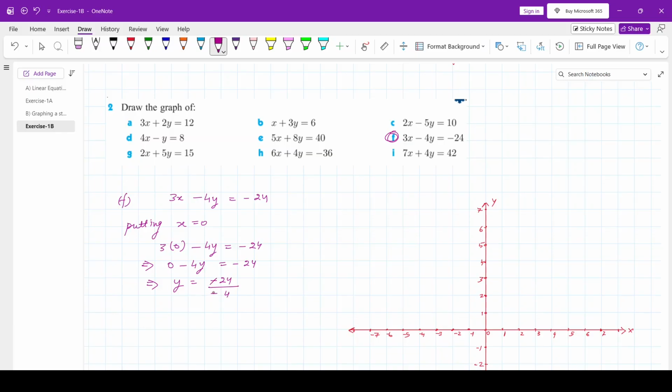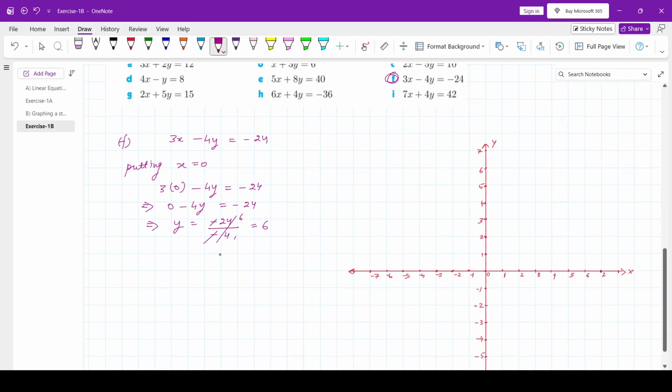Now this negative cancels out this negative, and this 4 goes 6 times, it cancels this 24 out. So y is equal to 6. Now we know the point 0 comma 6 lies on the line. Now 0 comma 6 is here.